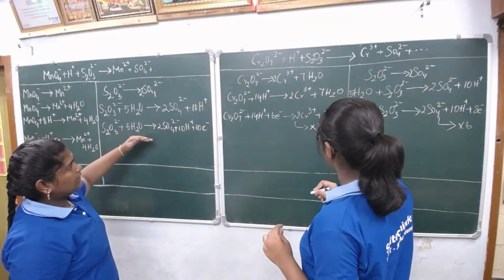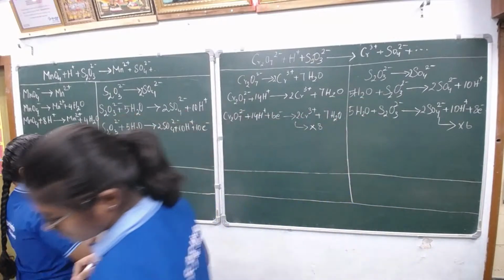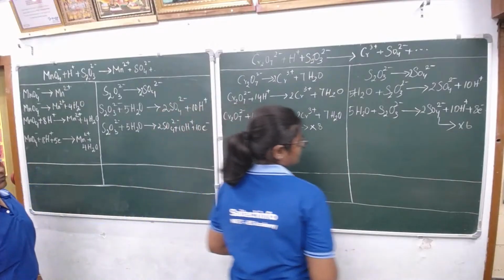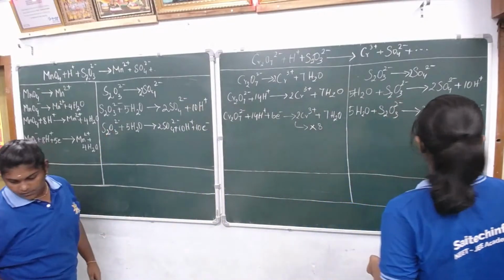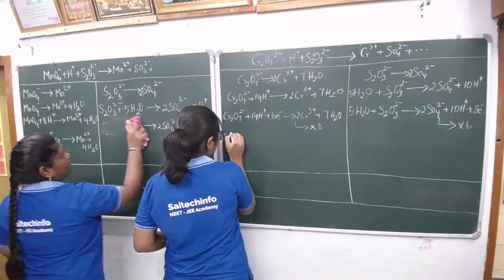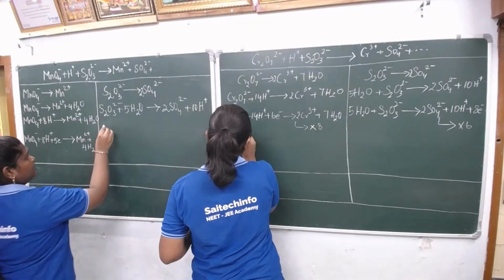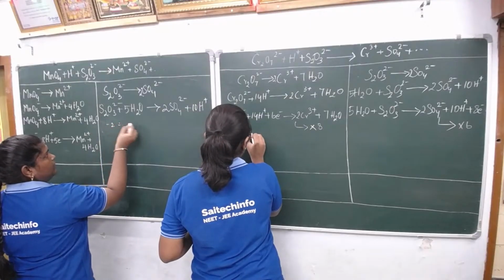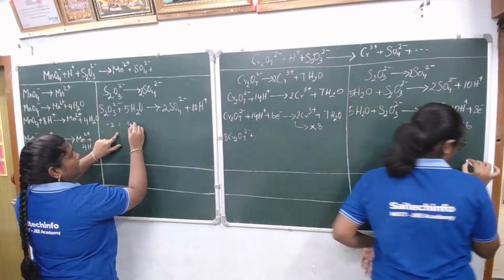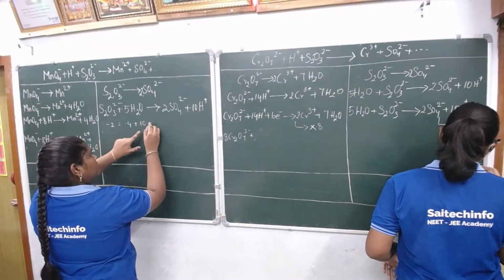So should I do that algebraic method also? Yes, you have to do. You can show how the electrons are added. You can put it here at the bottom and you can erase it later. Otherwise, you erase that part and show how to do that. So the charge of thiosulfate is -2, which is equal to here there is no charge. So here it is -4 plus 10. 10 into 1, 10 electrons, so 10 plus x.